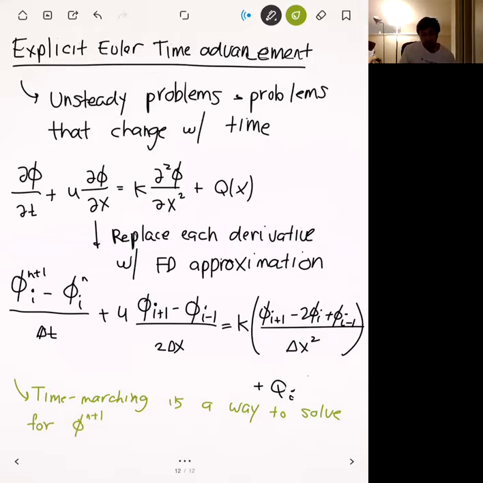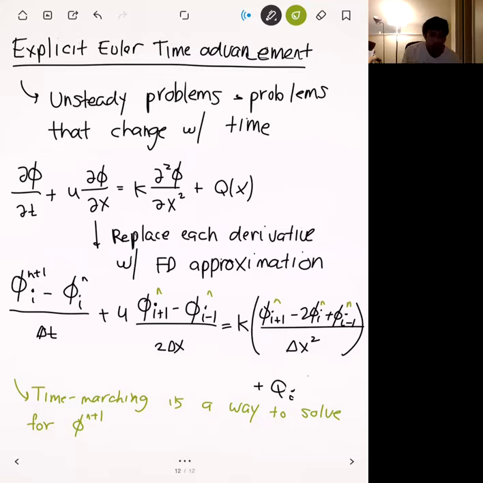The nice thing about explicit time advancement is that for all the other phis in this expression, we're going to put a value of n there. For all the phis that take place in the spatial derivatives, we're just going to evaluate them at time step n.